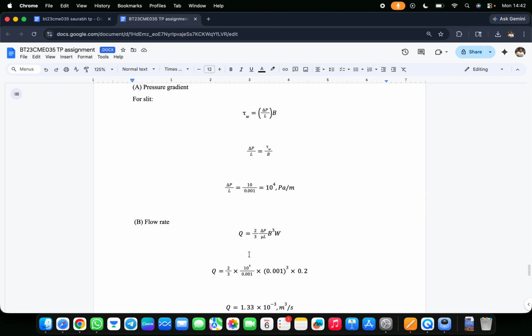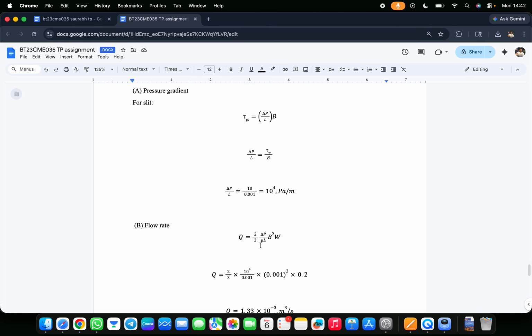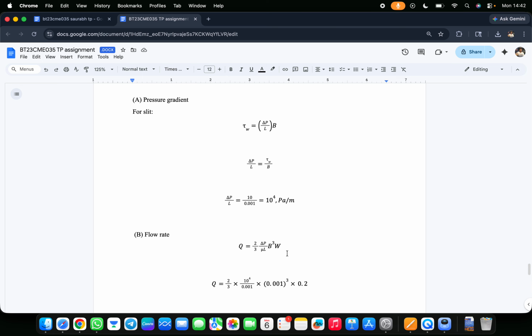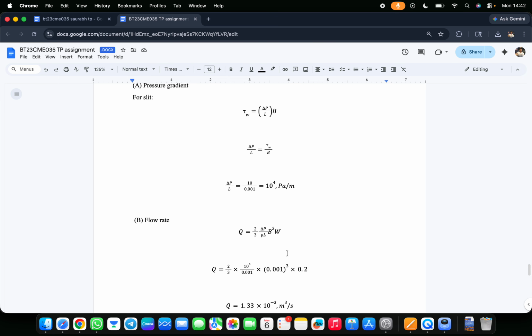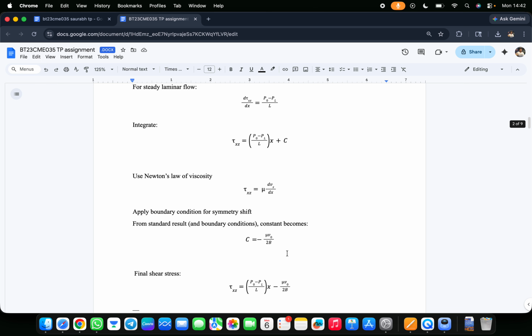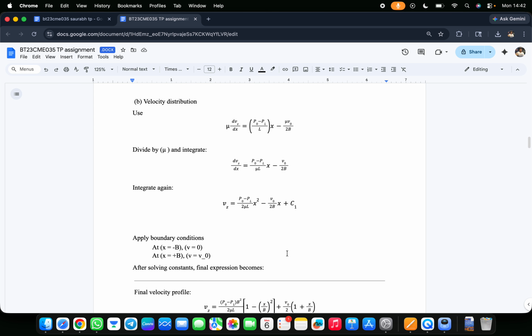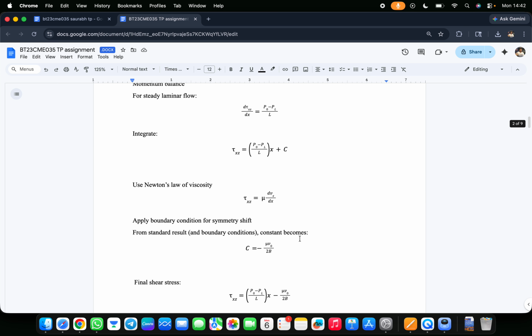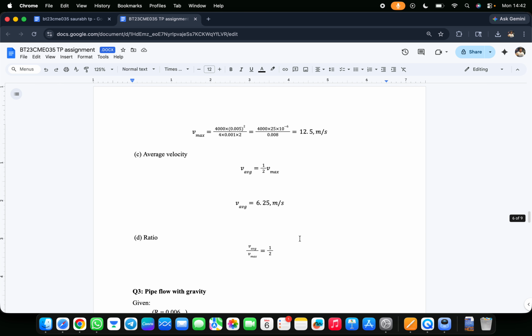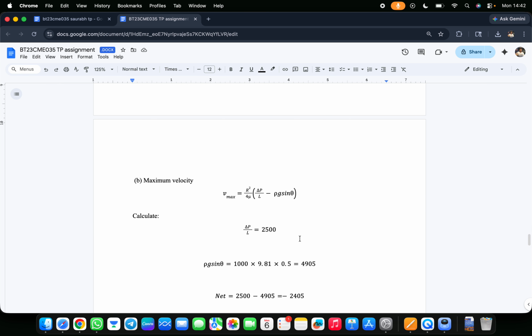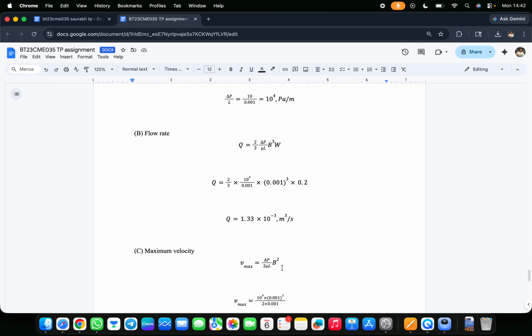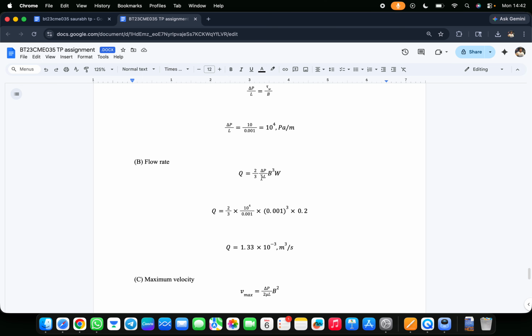And what will be the flow rate? For the flow rate, it will be velocity into area. So what is the velocity? In the first question we have derived the velocity, and here in this question both the slits are stationary.